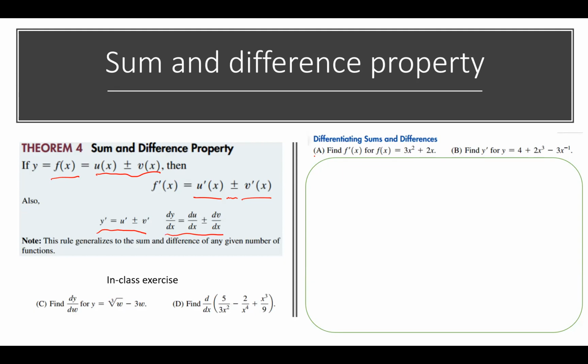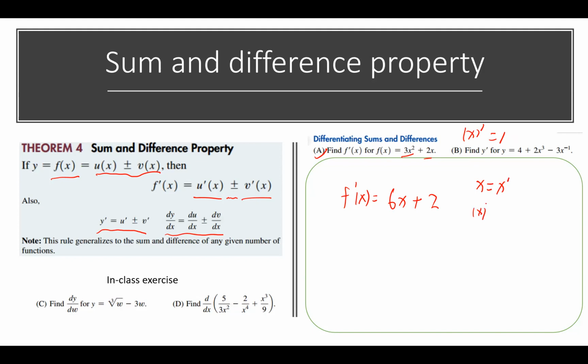Okay, so let's look at this example. So f of x becomes these two parts. If we take this derivative, the first part, according to the previous example, has 6x as a derivative. The second one is going to be 2 times x, and the derivative of x becomes 1. Or you can say x is equal to x to the power of 1.